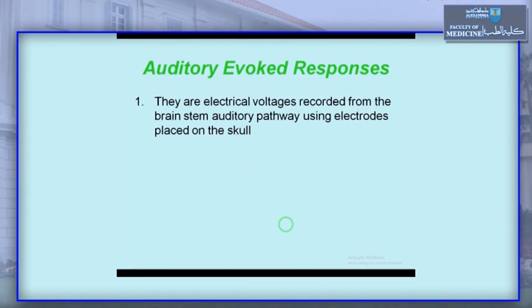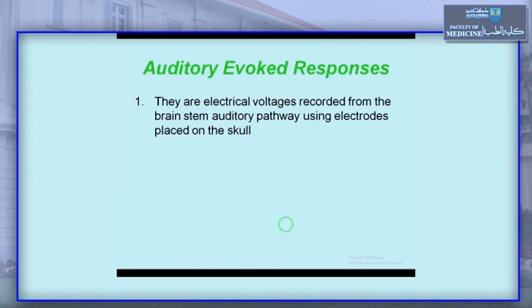When we hear, the sound is transmitted from the external to the middle, to the inner ear, to the auditory nerve, then finally it reaches specific stations or points or stops in the brainstem. When the neurons of the brainstem get excited by the sound at those specific stations, they give electrical activity.